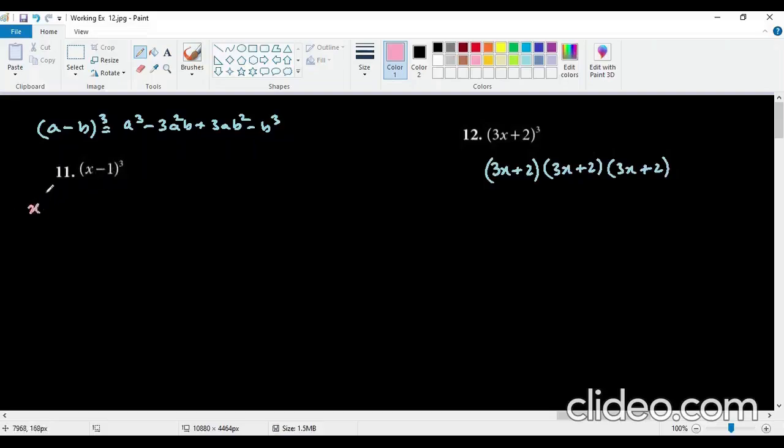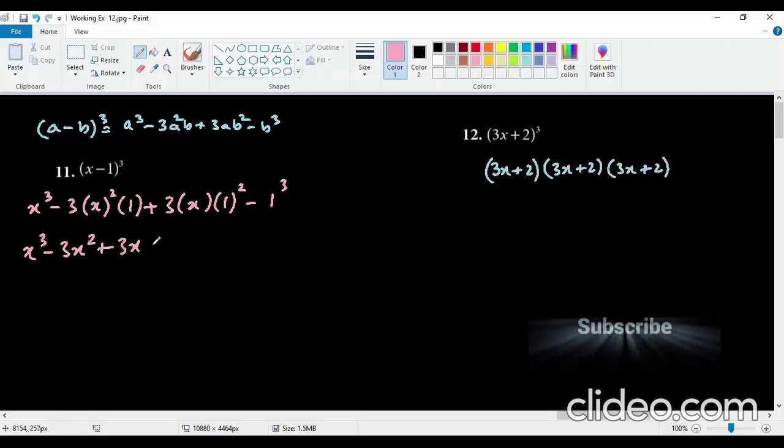X cube minus 3 x square 1 and plus 3 x and b, which is 1 square, and minus 1 cube. Okay, now simplification is going to give you x cube minus 3x square plus 3x and minus 1 as an answer, and you'll get full marks.